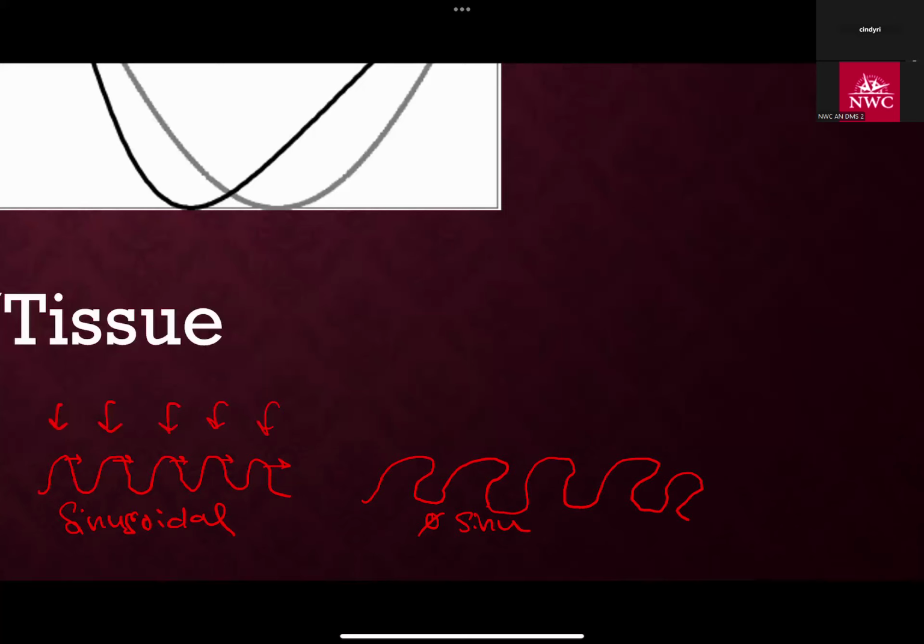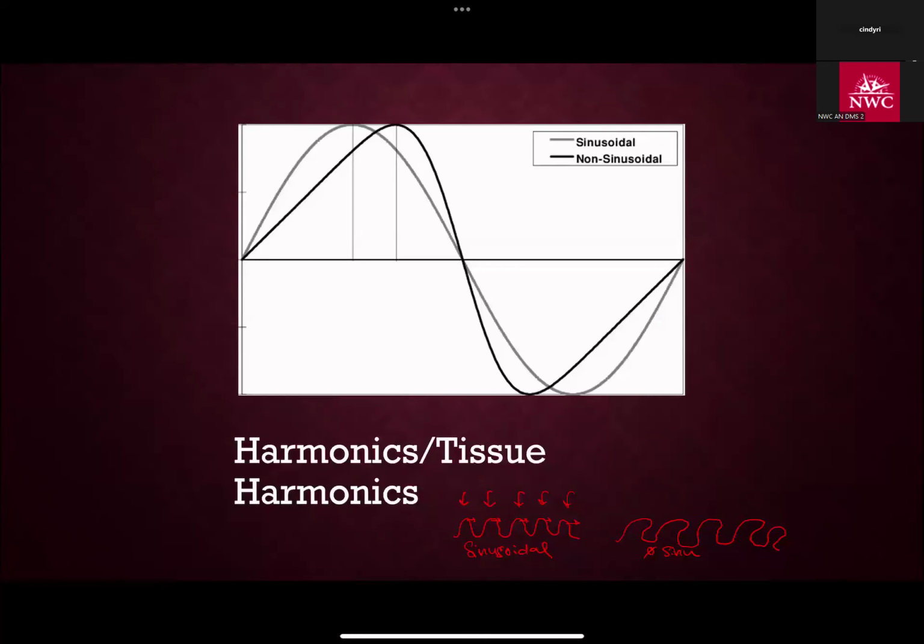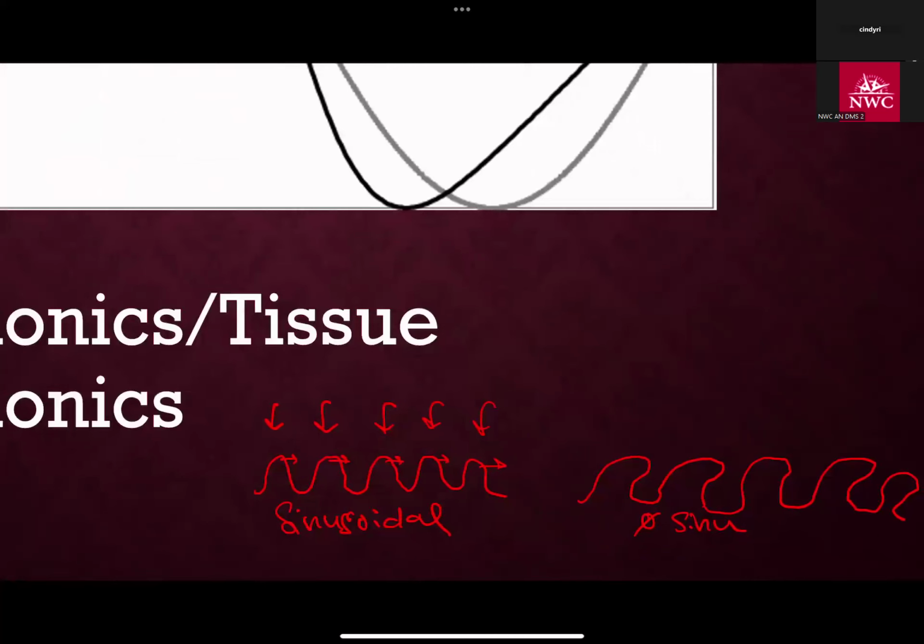The other part of this that you need to know: this represents a sound wave that's traveling at the same speed, regardless of whether it's going through an area of high pressure or low pressure. This represents a sound wave where it's going faster and then slower, and then faster and slower.